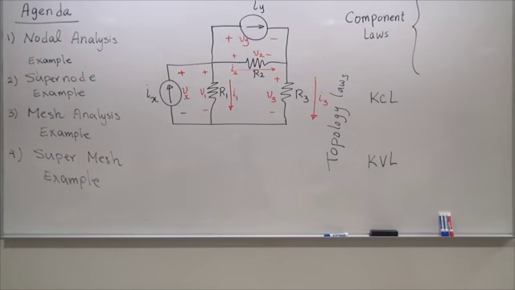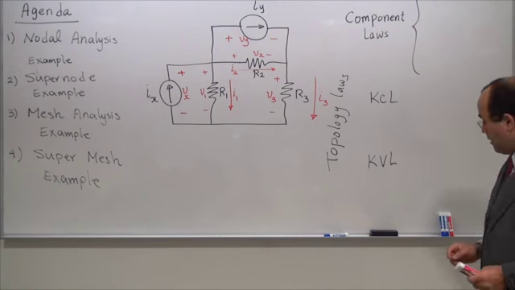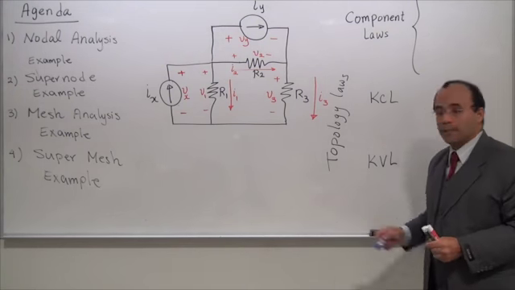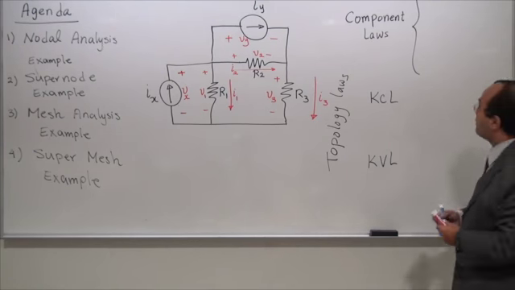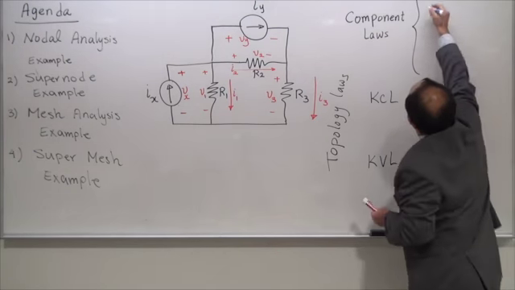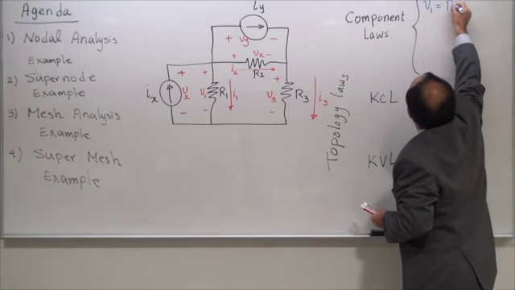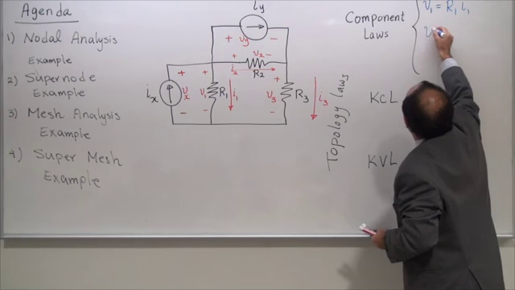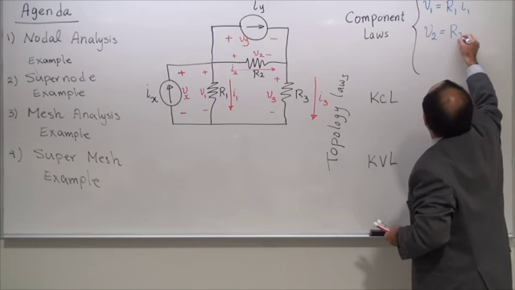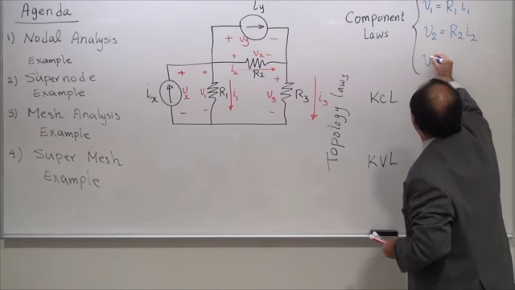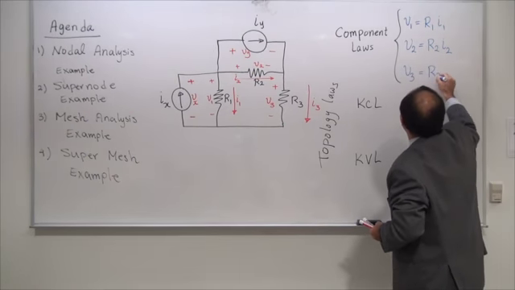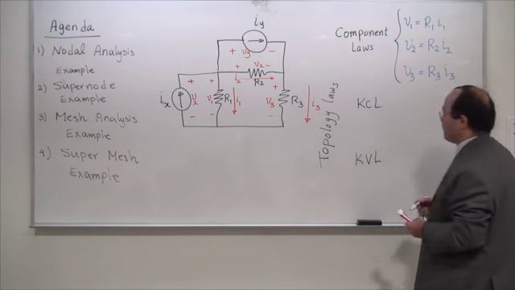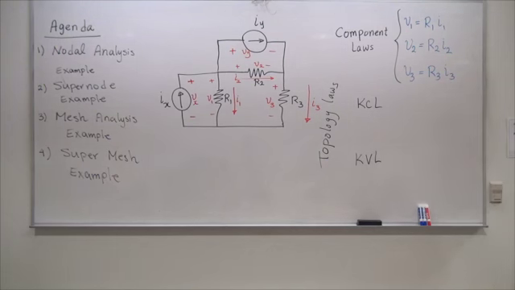You have 3 resistors. Since you have followed the Ohm law already, it's really easy. You can even close your eyes and write it down. You can say this is going to be V1 equal to R1 I1, V2 equal to R2 I2, the index hopefully following what we have done on the circuit itself. Okay, so that's going to be my component law.